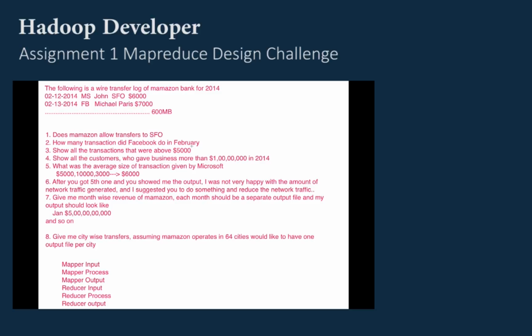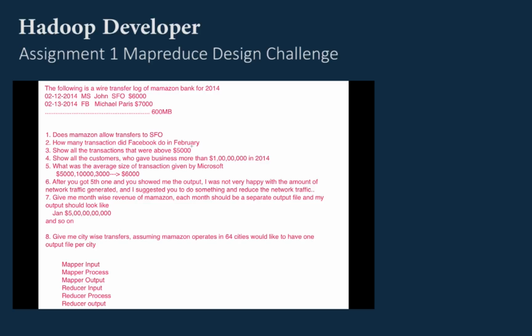The fourth assignment is, show all the customers who gave business more than $1 million in 2014. Fifth is, what is the average size of transaction given by Microsoft? For example, 5,000, 10,000 and 3,000 were 3 transactions given by Microsoft. So that's 18,000 divided by 3, that's 6,000.